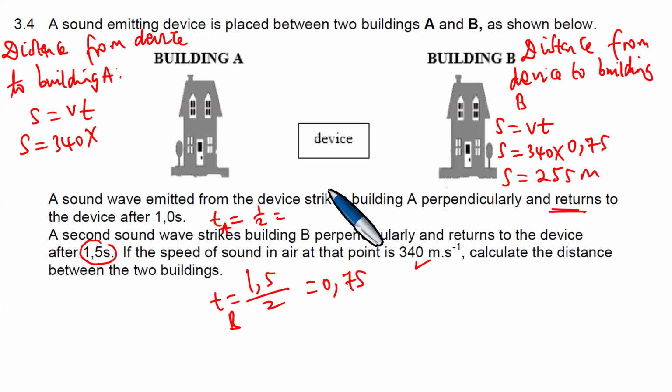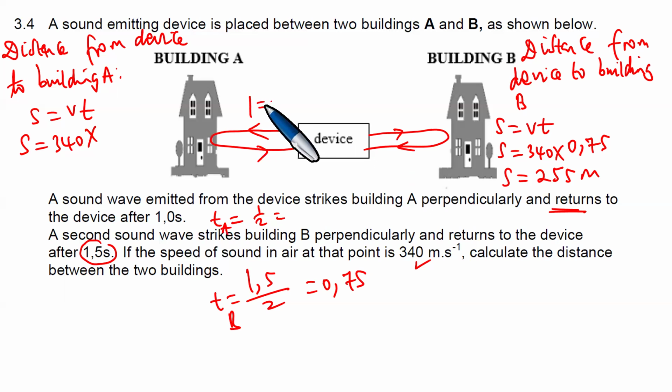So the device goes and it returns. So now you must take the time and divide by what? So it goes and it returns. So if it returns, then everything is in 1 second. And here is 1,5 seconds.